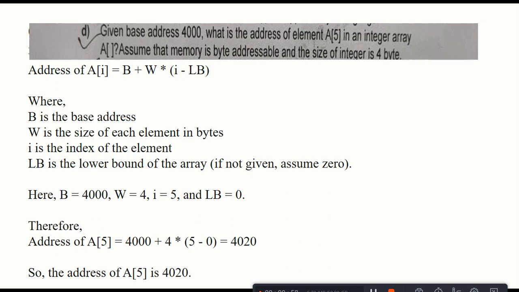Given base address 4000, what is the address of element A5 in an integer array A? Assume that memory is byte addressable and the size of integer is 4 bytes.